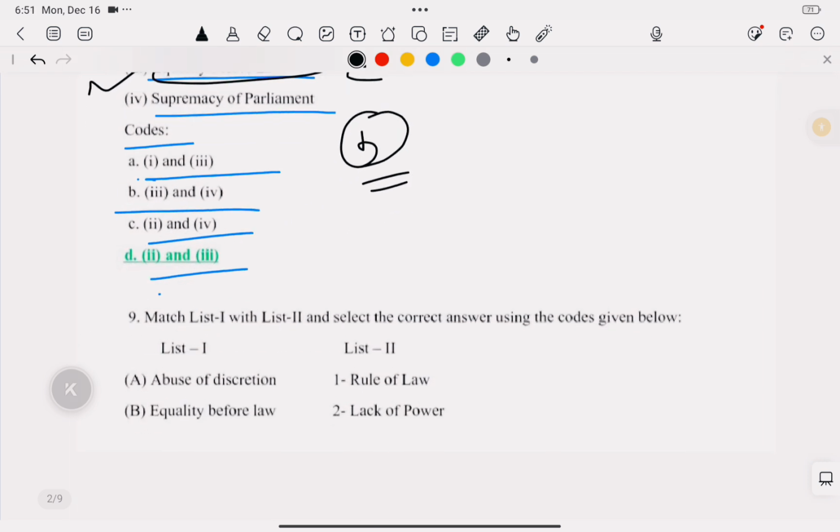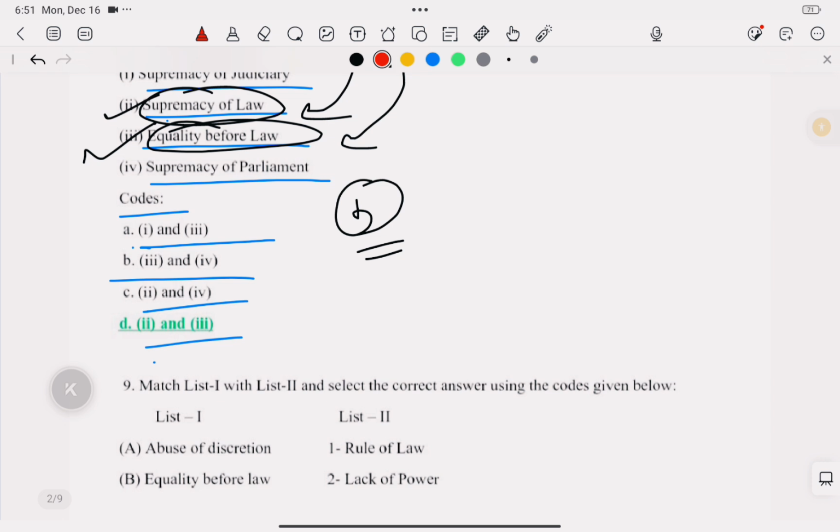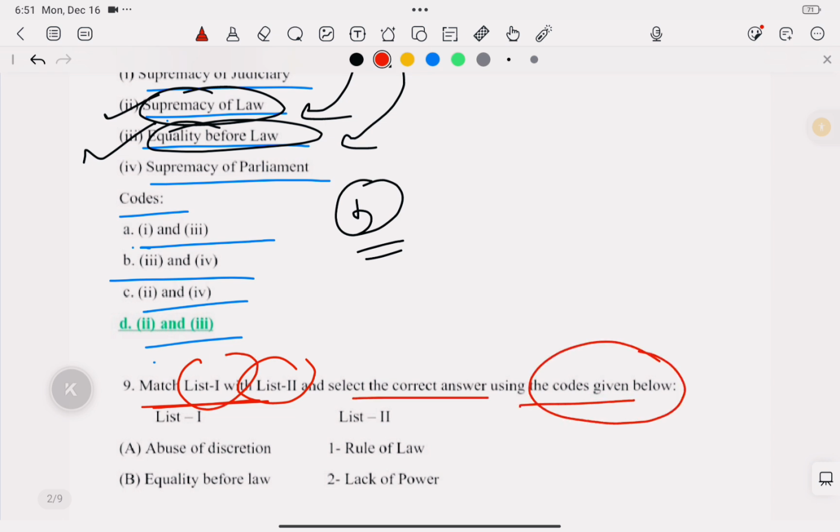Okay, so now moving to the next question. The next question is: match list 1 and list 2 and select the correct answer using the codes given below. Let's see list 1: A, abuse of discretion. B, equality before law.